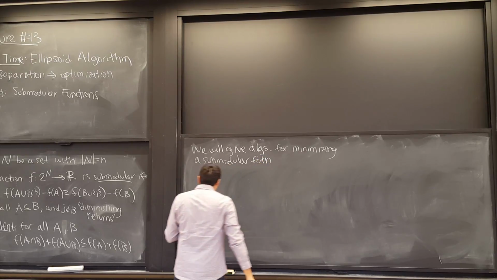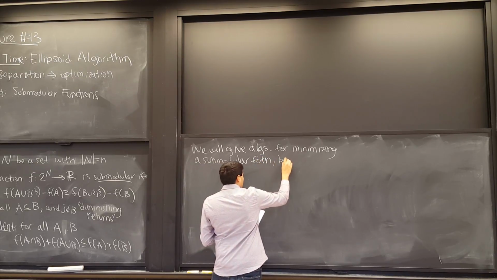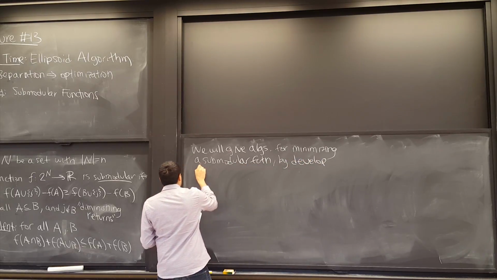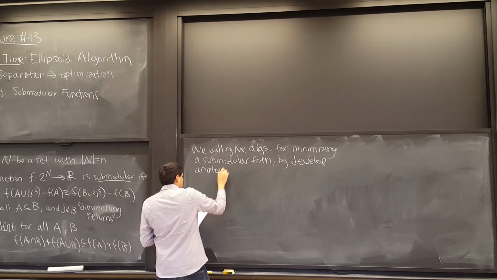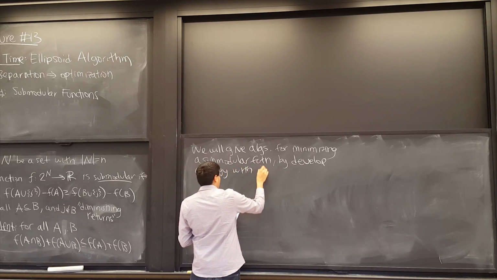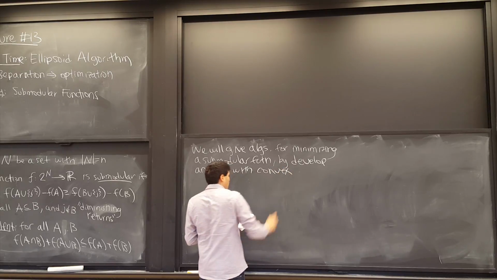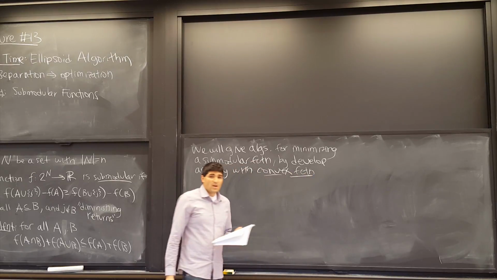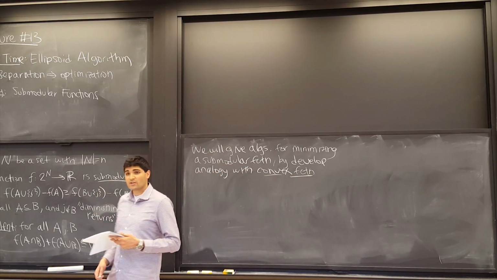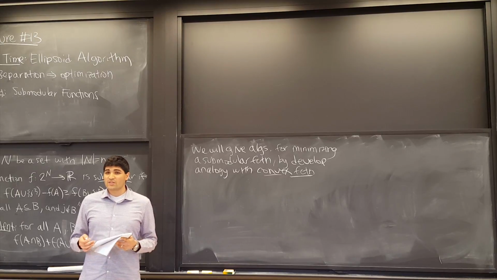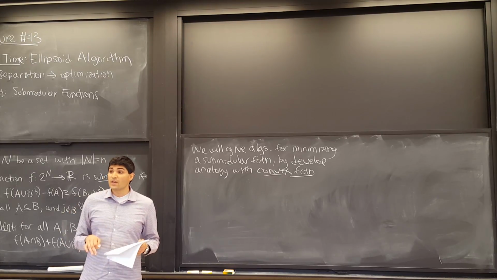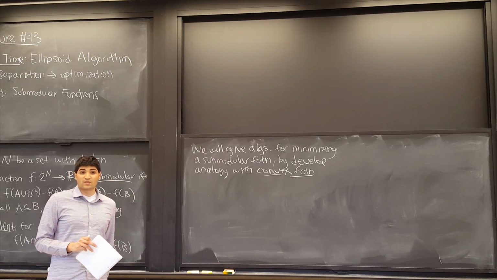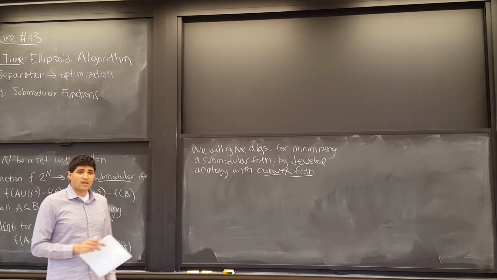And the way that we're going to do this is to develop an analogy with what are called convex functions. We've talked about this a few times, but we've never precisely defined what they are. So today we'll talk about convex functions. And it turns out that this notion of submodularity should really be thought of as a discrete analog to convex functions. So this is what the notion of convexity should really mean in a discrete setting. So we'll develop what exactly we mean by this.